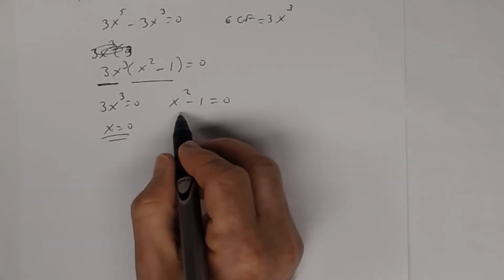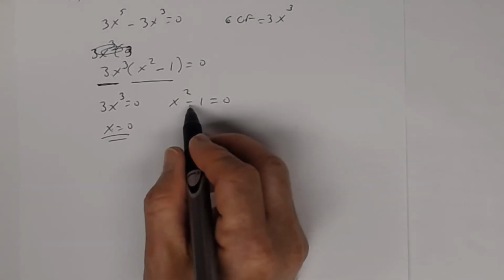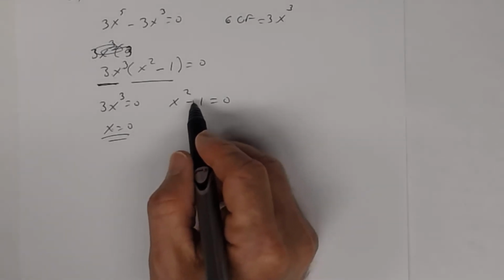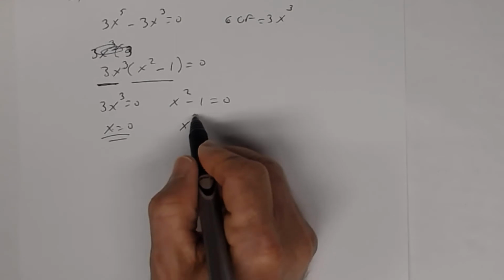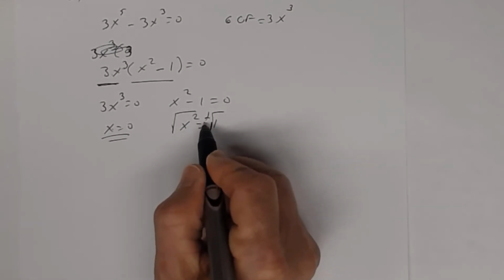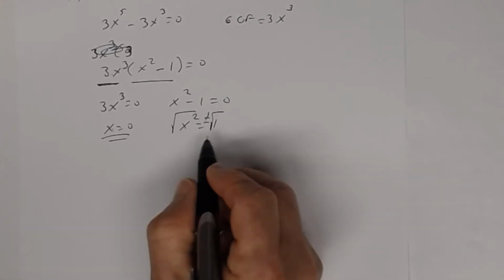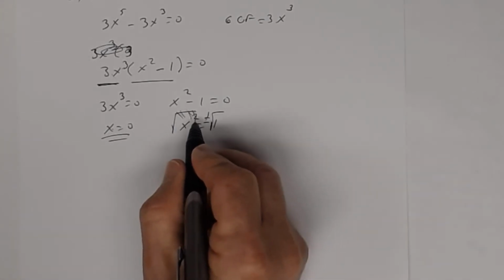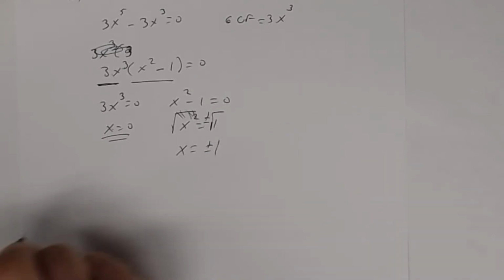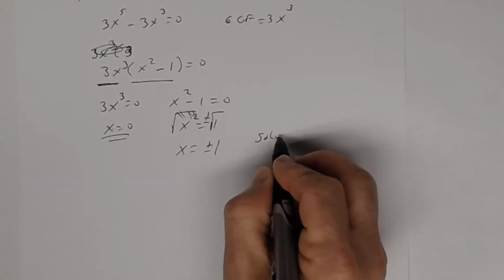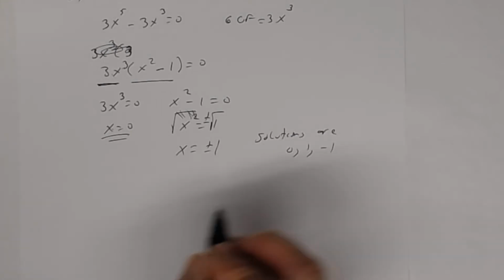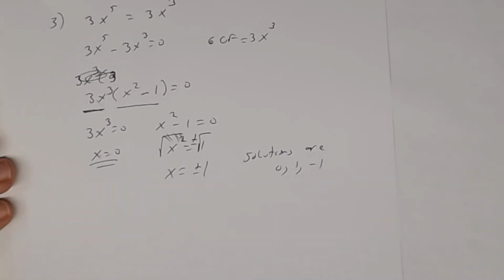Over here, you could factor the difference of 2 squares, or since you notice that the x term is missing, you can bring the 1 over and use the square root property, but don't forget the plus or minus. The square root and the square undo each other, so you get x to be plus or minus the square root of 1, which is 1. So your solutions are 0, 1, negative 1. Okay? So those are your solutions.